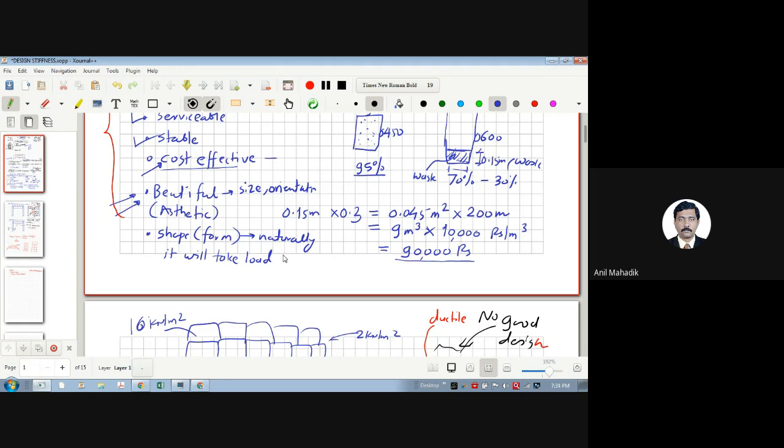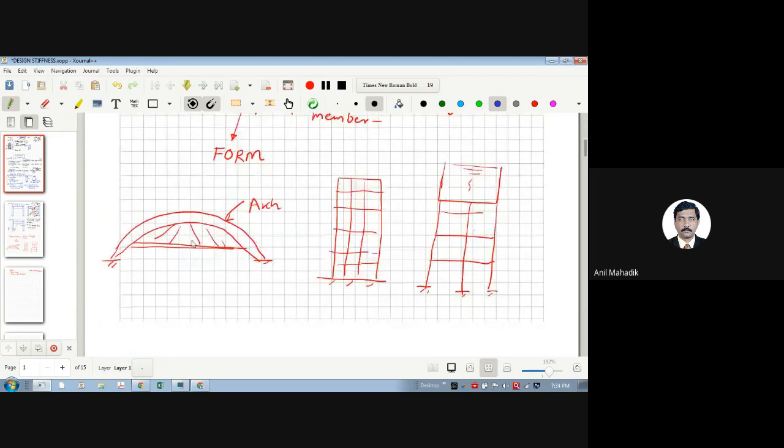Let's say an arch has compression force in the structure. When I say it is an arch shape, this is an RCC arch, for example.